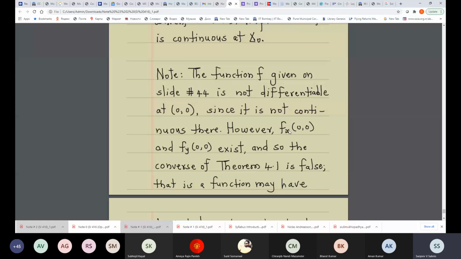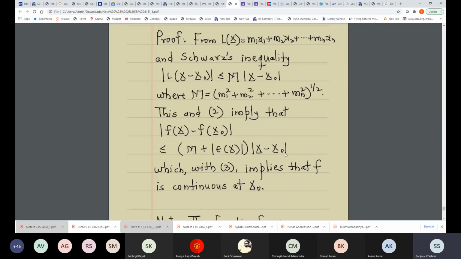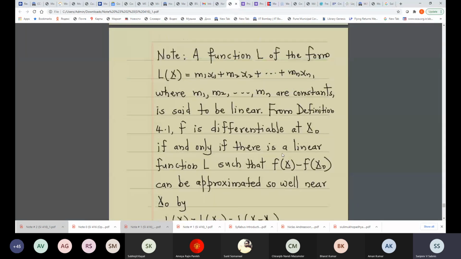However, we noted that the partial derivatives exist at (0, 0). Okay. So the converse of theorem 4.1 is false. Even though the partial derivatives exist at a point (0, 0), it doesn't mean that the function is differentiable at (0, 0). Let us recall theorem 4.1.